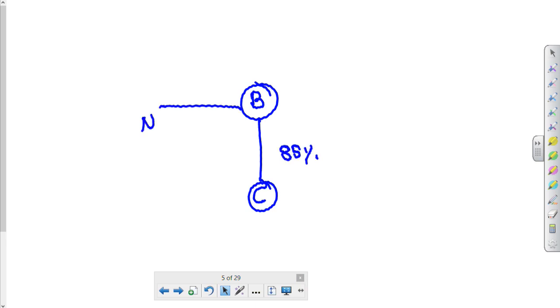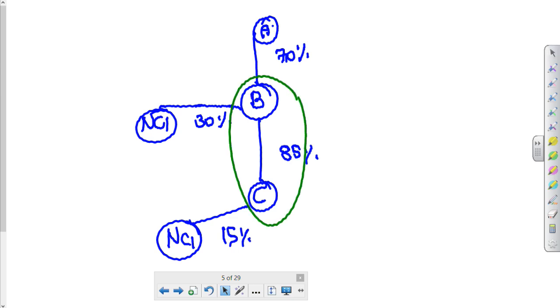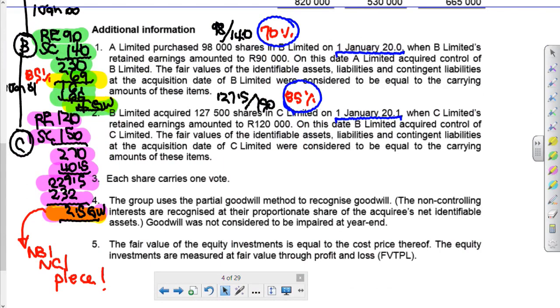There's a guy here, an NCI, who owns the other 15. The parent owns 70% of B. So this NCI owns 30% of B. When this transaction happened, here, I've identified goodwill of 2,500.